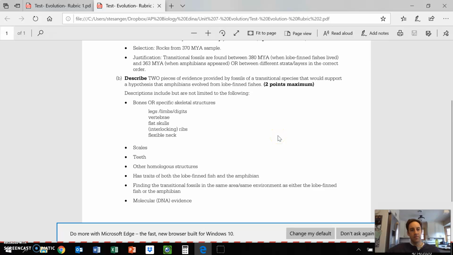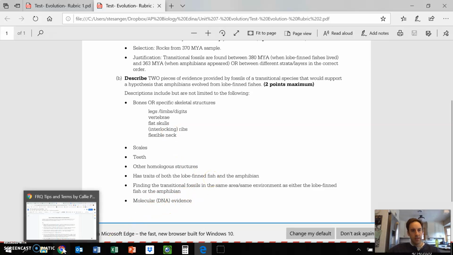A few of you just wrote vestigial structures. Well, what vestigial structure? Be specific. And at the very minimum, define the term vestigial structure. But the rubric is calling for specific things. A lot of you talked about homologous structures. A lot of you talked about these characteristics, molecular evidence, that kind of thing.